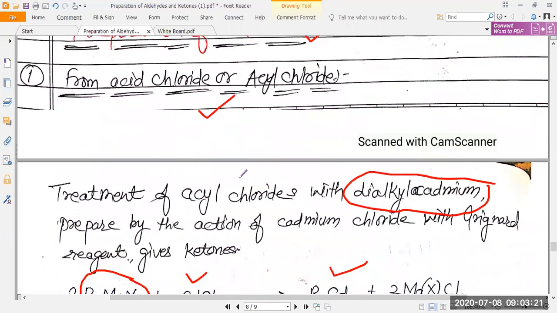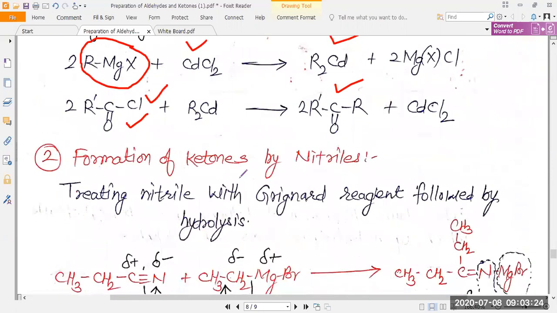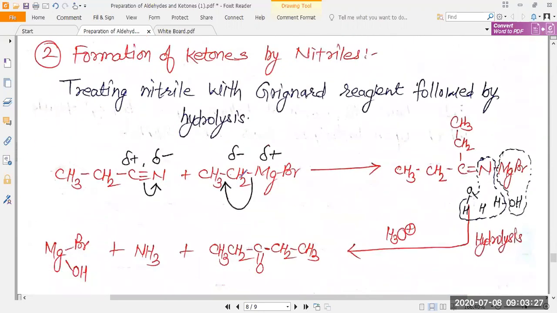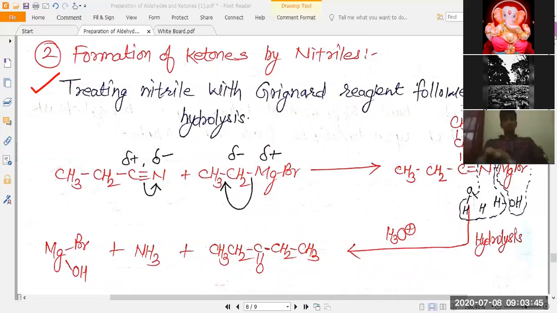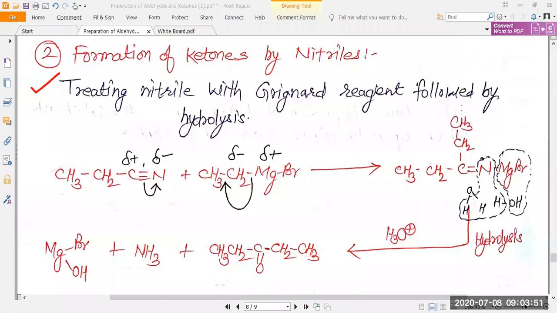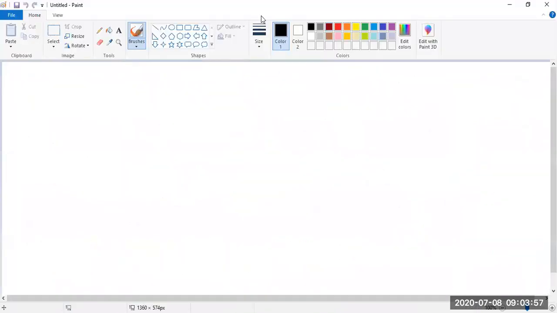Now we are going to discuss the formation of ketones from nitriles. Again, a very important reaction, dear student. So I will write here: reaction with Grignard reagent to form ketones.